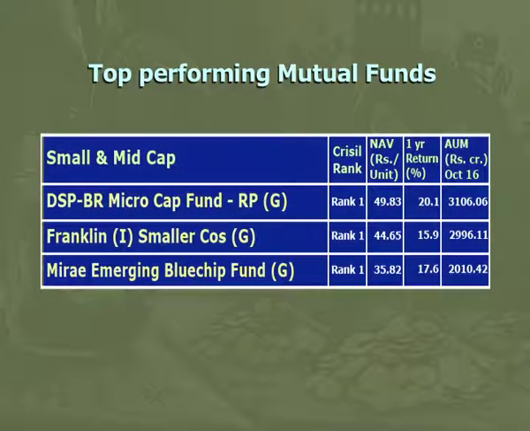In the small and mid cap sector, CRISIL has given first rank to the following mutual funds: DSP-BR Micro Cap Fund, Franklin Smaller Companies, Mirae Emerging Blue Chip Fund, all of them getting rank 1 and an average of close to 30% returns.